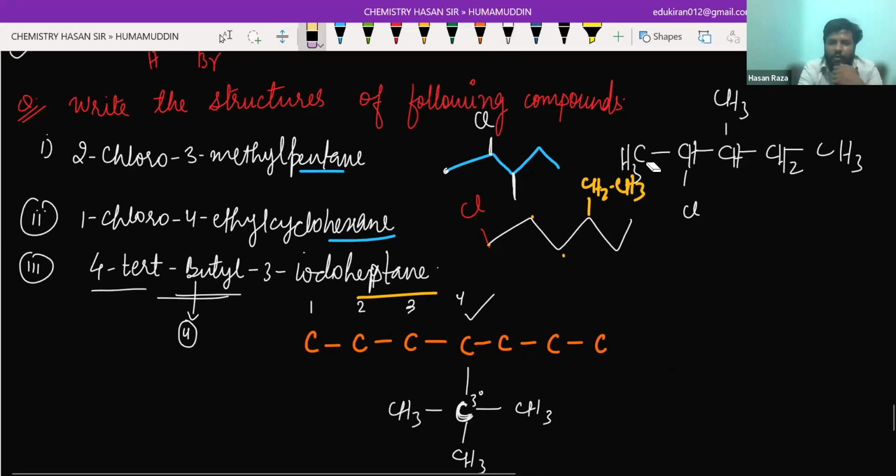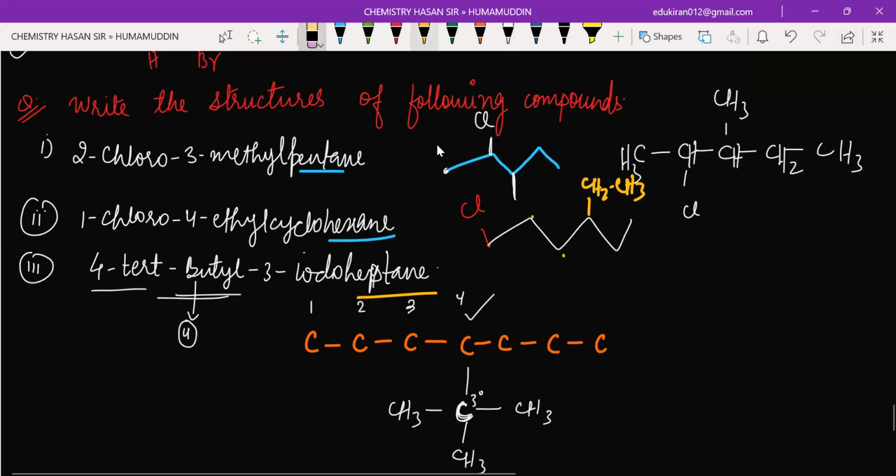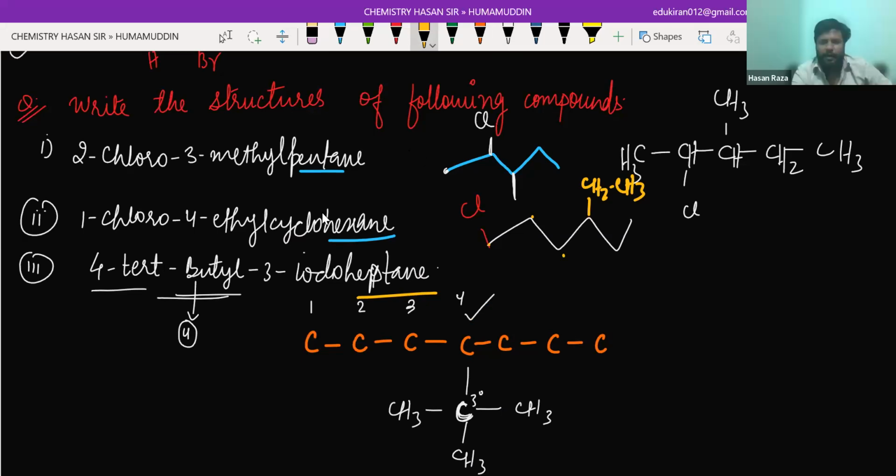Are you getting my point? Yes or no? Yes, sir. Tertiary butyl is common now. And on third carbon, you have iodine. So you are going to write iodine like this. And at the rest part, you are going to write CH3, and satisfy the rest valency with hydrogen. Please do.